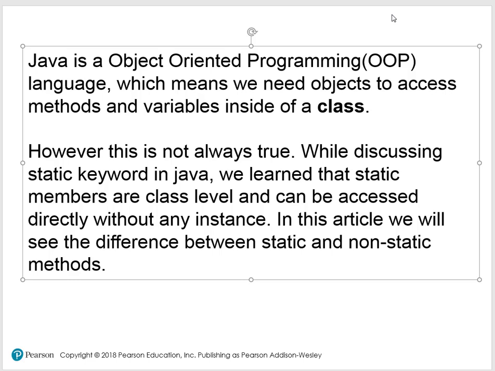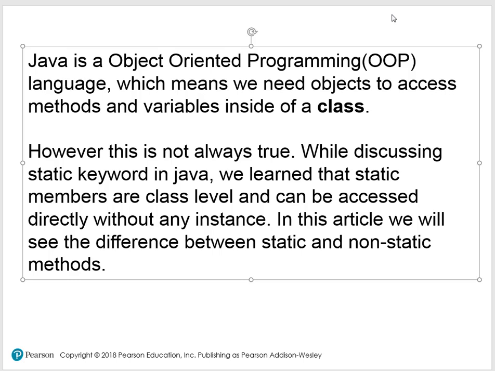As you know, Java is an object-oriented programming language, which means that we need objects to be passed, and we access the object through the methods and variables inside the class. However, this is not always true.